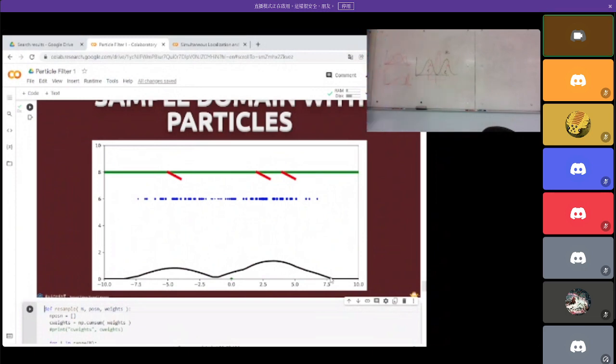So I added 30 times a distribution here. But really what I'm interested in is the density of the particles. So that's okay. That now means we can use particles in order to represent what happens through the motion of our robot.